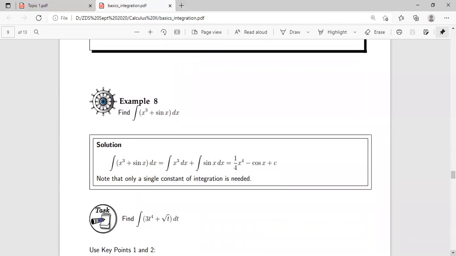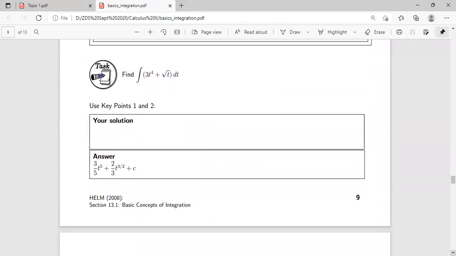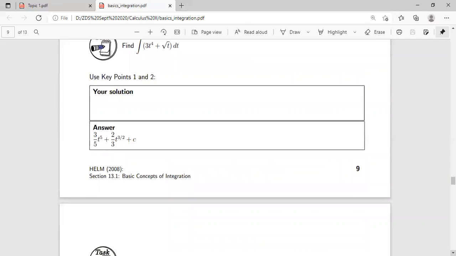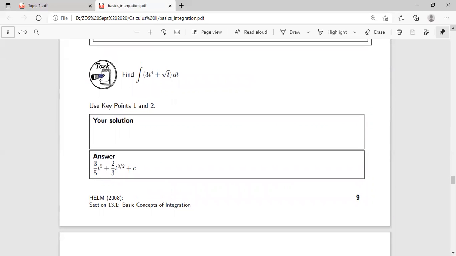I'll give an example. Say we've been told to find the integral of, in the bracket, 3t raised to the power of 4 plus the square root of t. The square root of t can be simplified into t raised to a half.